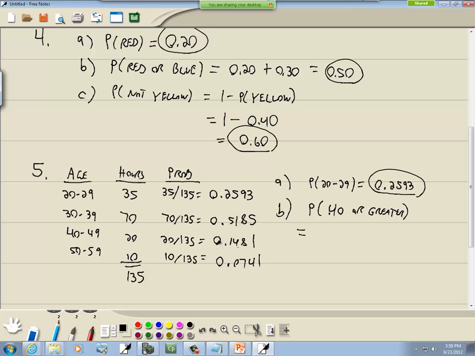So that would actually be these last two. So I'm going to add them together. 0.1481 plus 0.0741. So we'd end up with 0.2222. And that'd be your answer.